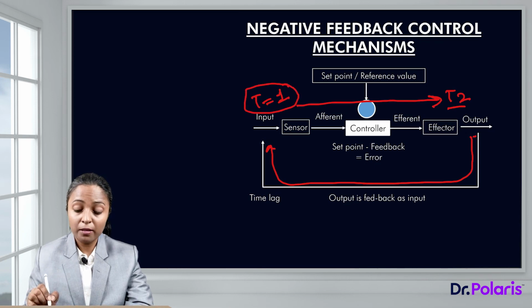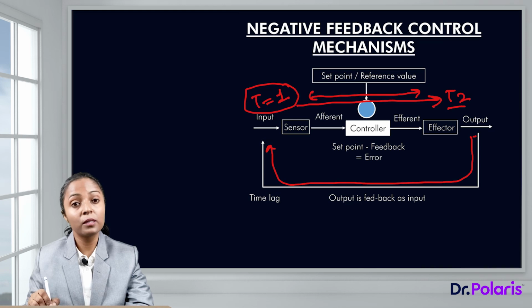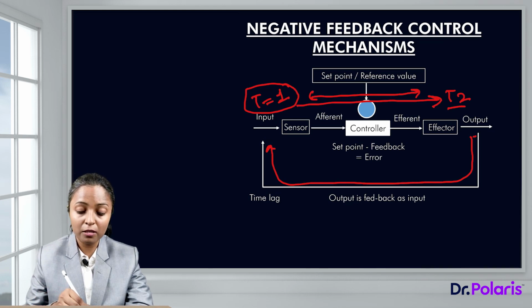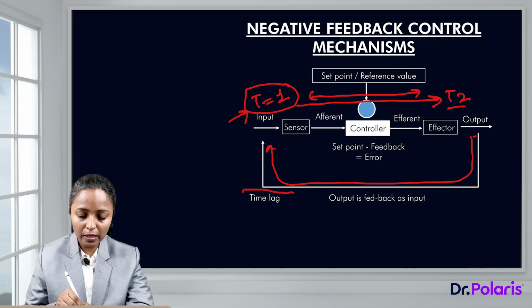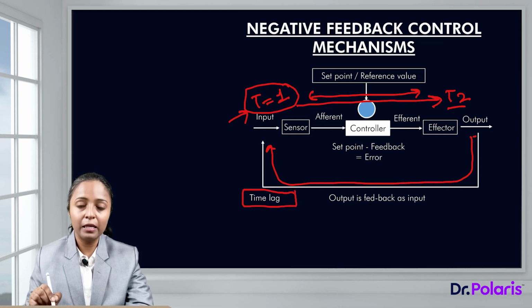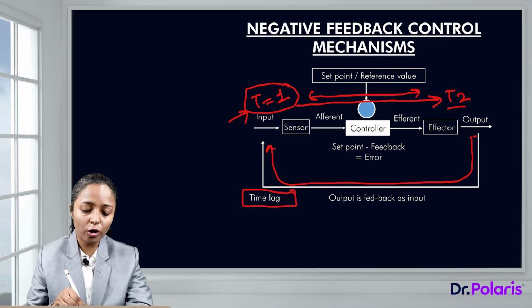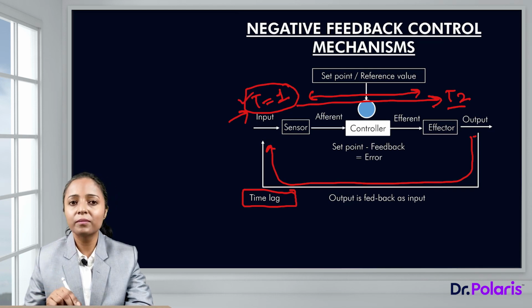Fine. But maybe in this time duration, from time 1 to time 2, something else has happened. There is some other disturbance which has changed this value, right? So there is basically a time lag. It is not an instant phenomenon. So there is a time lag in negative feedback system. By the time this correction has happened, maybe something has already changed this primary value of the stimulus.